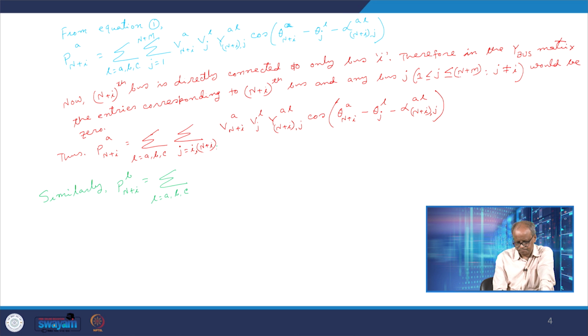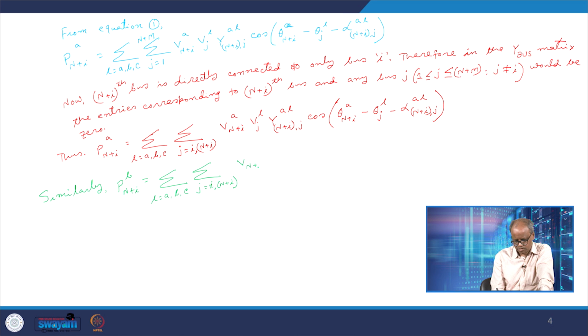Then j is equal to i and n plus i. J can only have these two values, i and n plus i, because if j is any other value, it would always be 0.